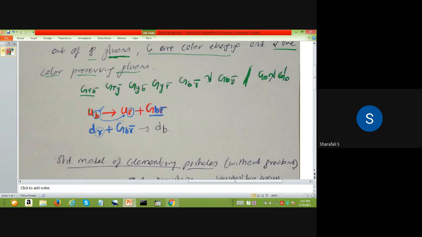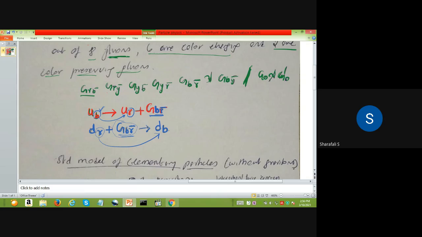That is interacting with this particular gluon, which is having color blue and anti-red. So this red and anti-red will combine, and only that blue will remain. So we will have a down quark with blue color. So the down quark with red color changed to a down quark with blue color with the interaction of this particular gluon with the blue and anti-red.